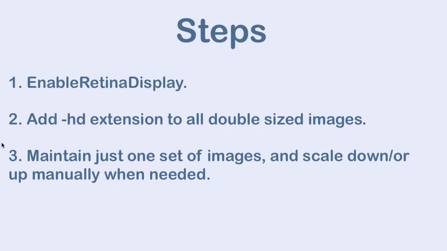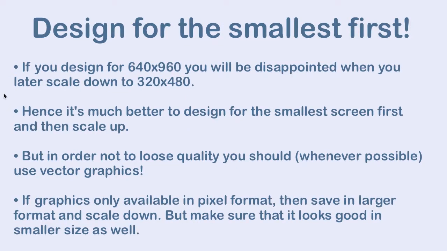When we maintain our images, we will try to maintain just one set of images and scale down or up manually when needed. You might think that it is much better to save the larger images and scale down, but that is not always so. The reason is that if you design for larger screen size, you will be disappointed when you later scale down.